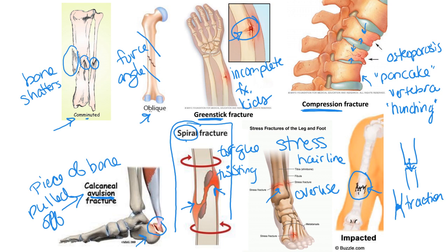You see these sometimes in car accidents where you're sitting in the seat, so your knees are bent and the dashboard collapses down onto the legs, shoving the femur backwards. So that can break the femur and impact it. But again, these impacted fractures could require traction in addition to possible surgical intervention for them to heal properly.